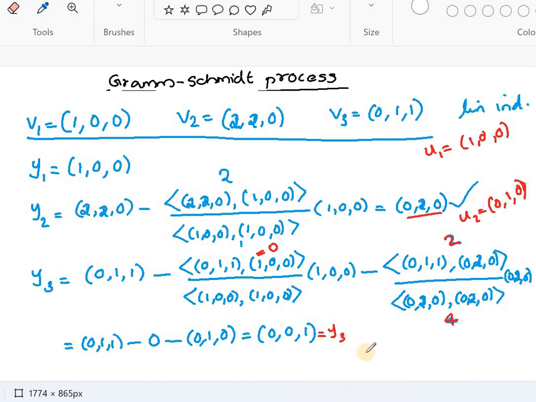And y3 is a unit vector, so y3 is the same as u3, which is y3 divided by the length of y3, but the length of y3 is 1 itself, so (0, 0, 1). So from a given non-orthonormal collection of vectors, which is linearly independent, you can create an orthonormal set u1, u2, u3 like this. This is the Gram-Schmidt orthonormalization process.